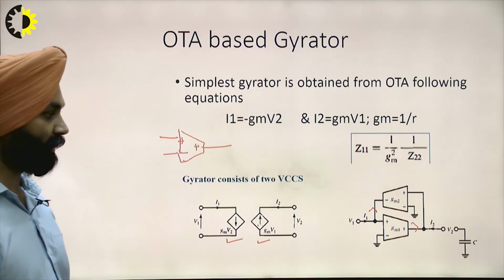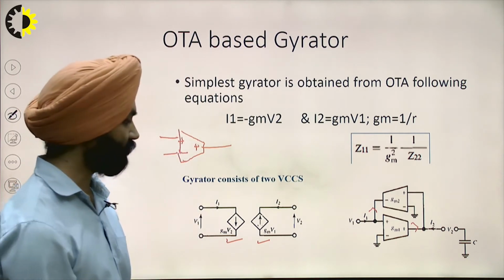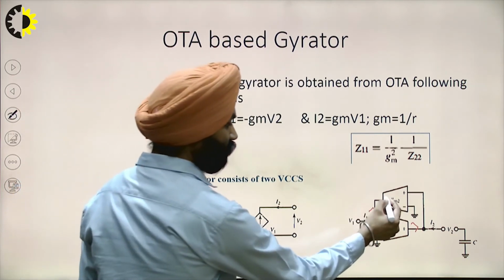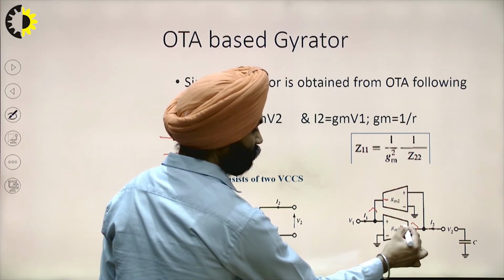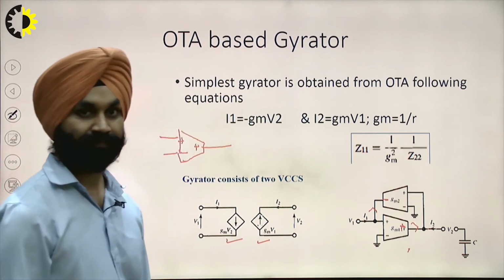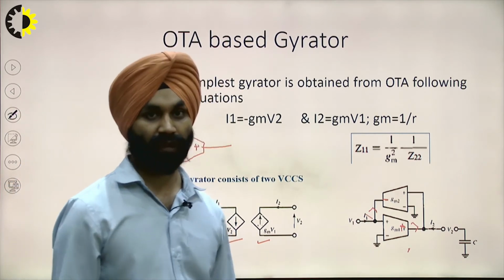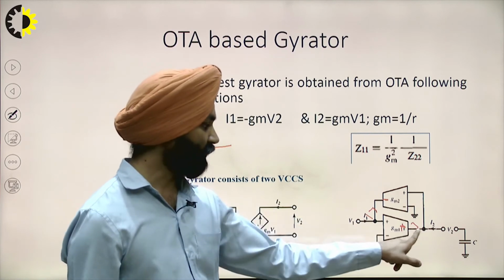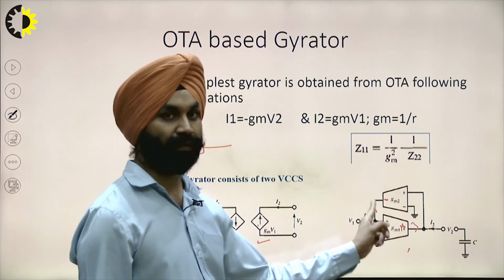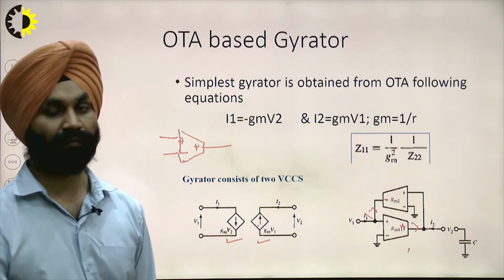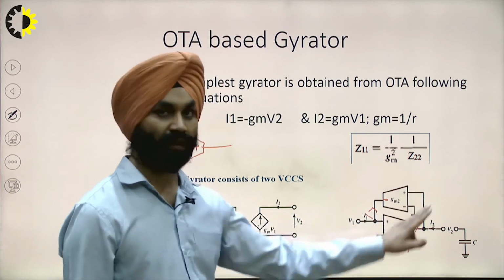So we can make one a negative and the other a positive transconductor. One is going through the minus and the other through the positive. For this one, I1 is proportional to V2, and for the other transconductor, I2 will be proportional to V1.